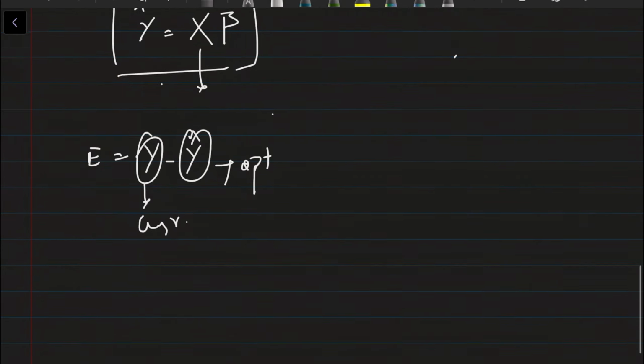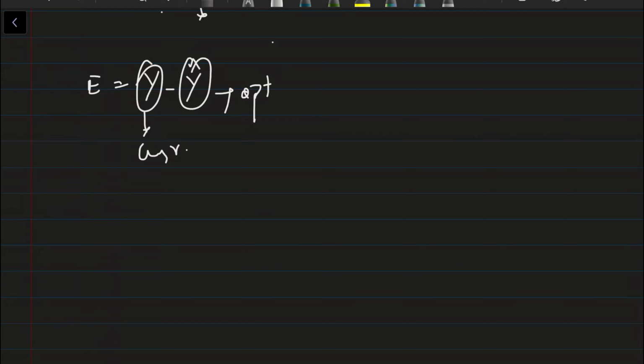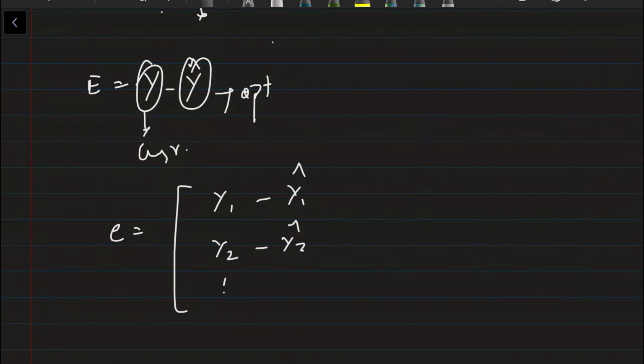So in the matrix form we can write error equal to y1 minus y1 cap, y2 minus y2 cap and so on up to yn minus yn cap. Okay, understood, right?